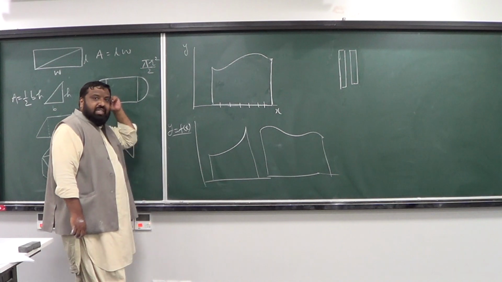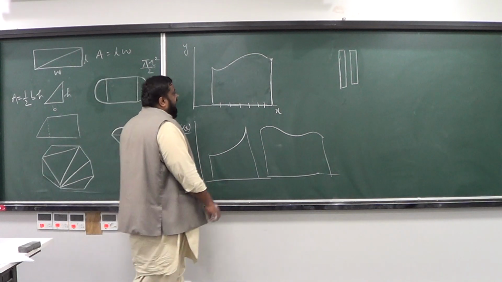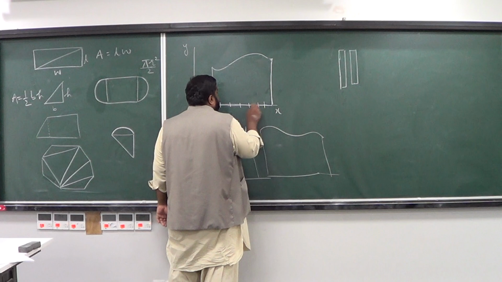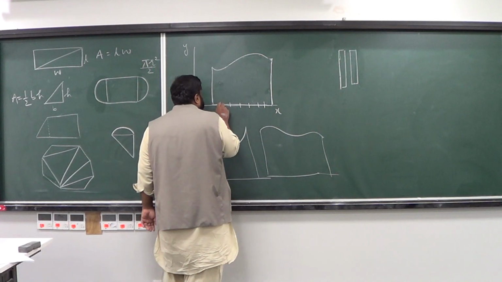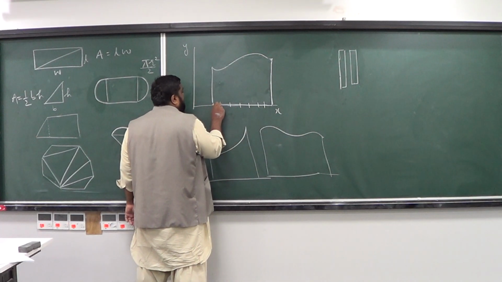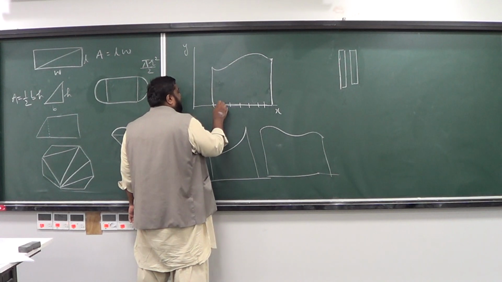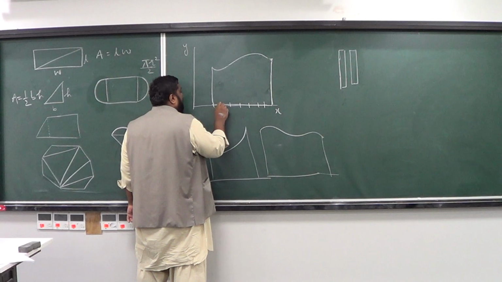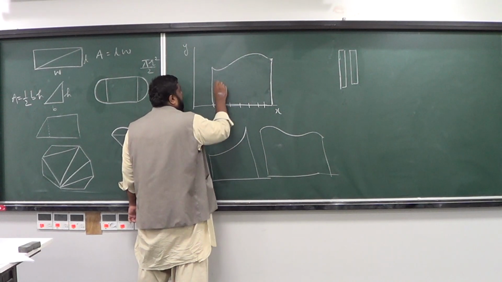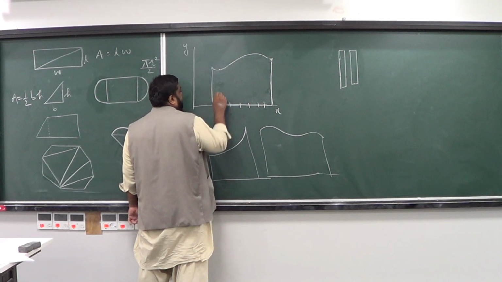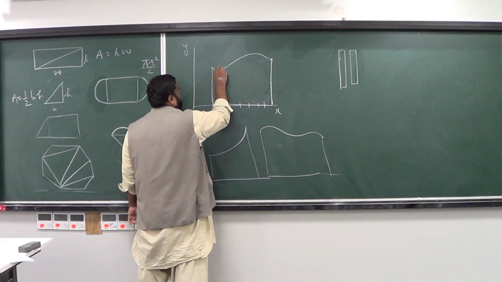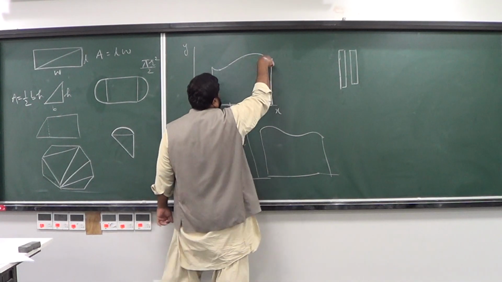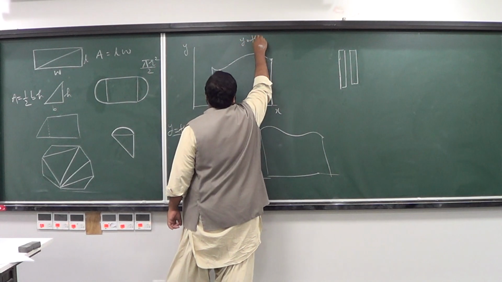For example, one trick could be that in each interval, take this right end point and see what is the output corresponding to this right end point. If this is the input, then that is the output, if this is representing y equal to f of x.